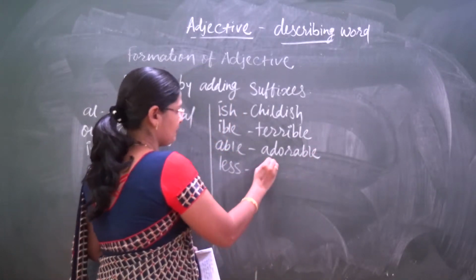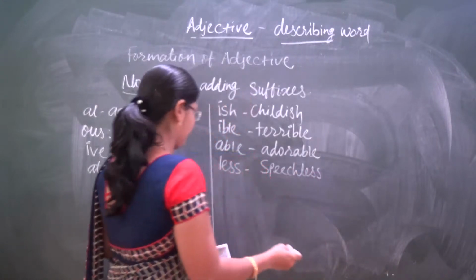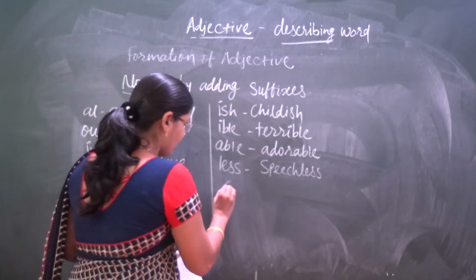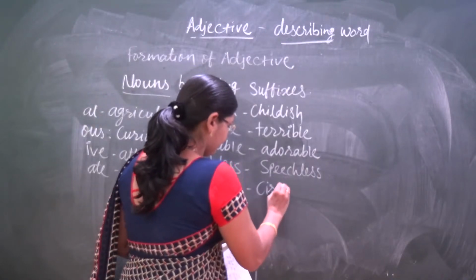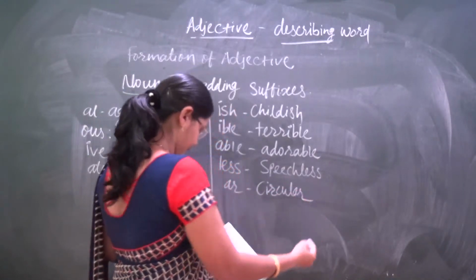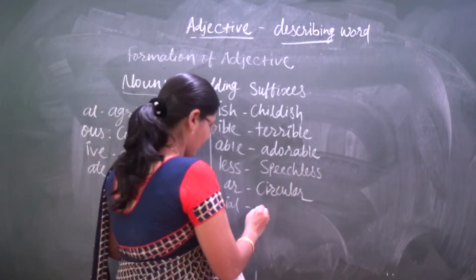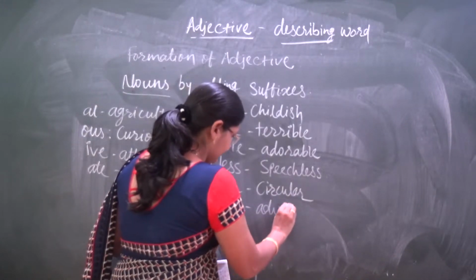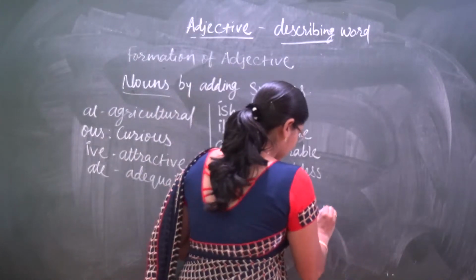Less: speechless, worthless. Ar: circular. Ial: adverbial, proverbial.